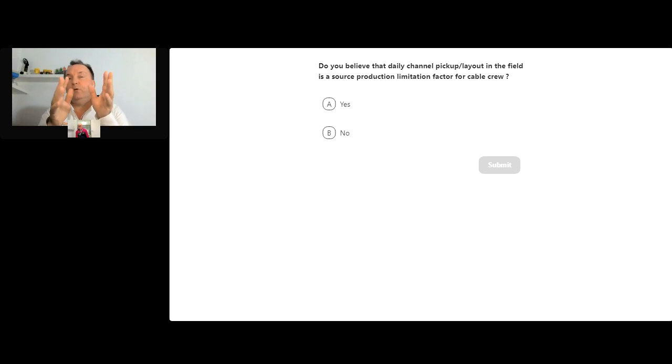Do you believe that whenever you are in a cable scenario or a generic node plus string scenario, the limitation factor is the daily capacity of pickup and layout?